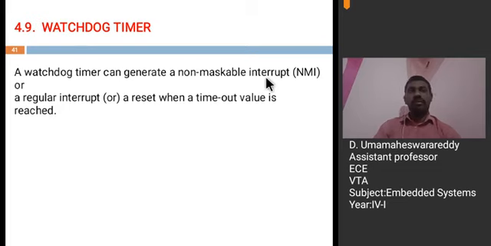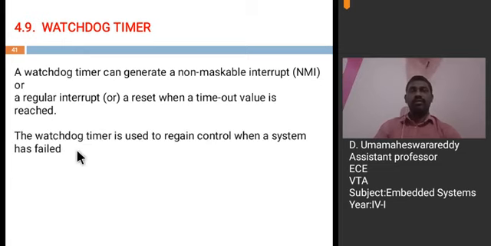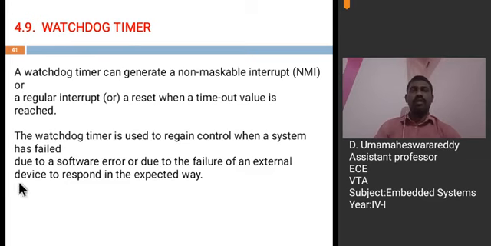The watchdog timer will generate a non-maskable interrupt in order to restart your CPU when there is a failure, or a regular interrupt, or a reset when the timeout value is reached. So in this way, the watchdog timer will regain control of the system when the failure may be due to software or it may be due to an external device.